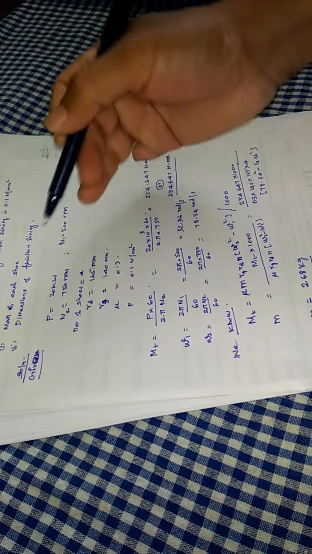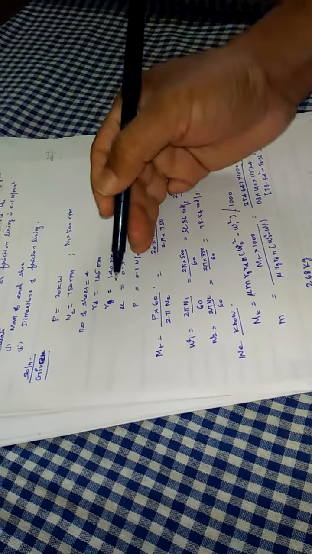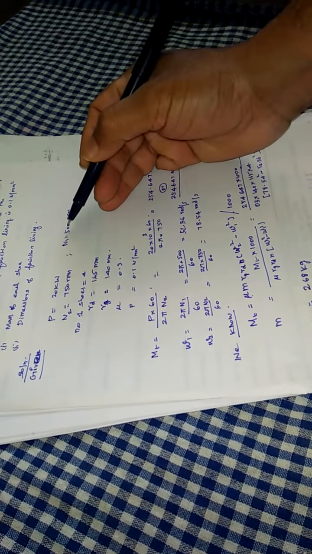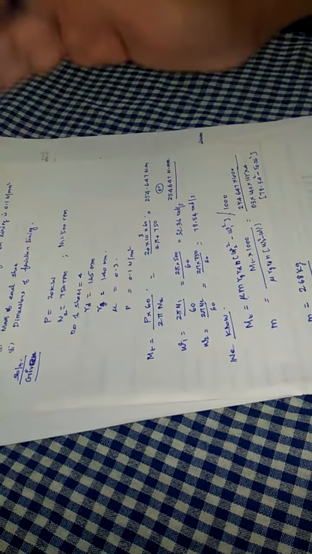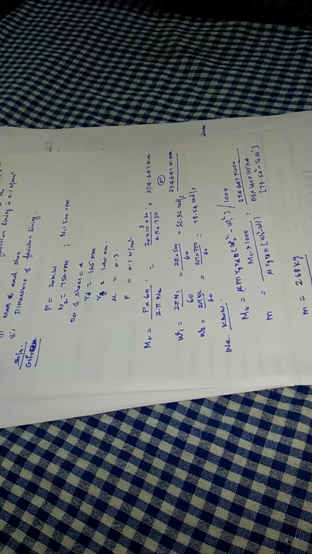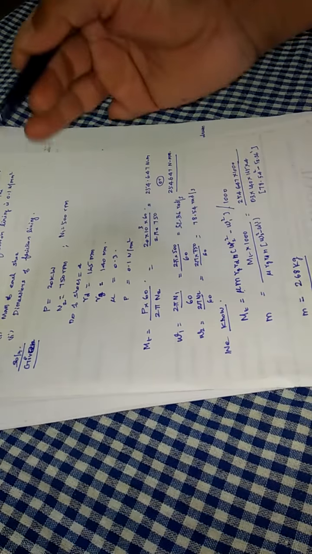So that is why we are subtracting the initial centrifugal force from the final centrifugal force. That is the net force required to transmit the torque from the inner shaft to the outer shaft.